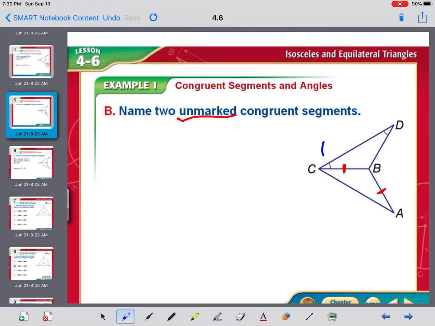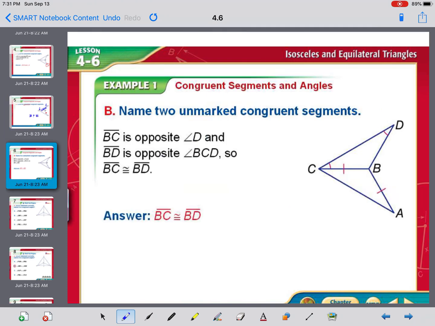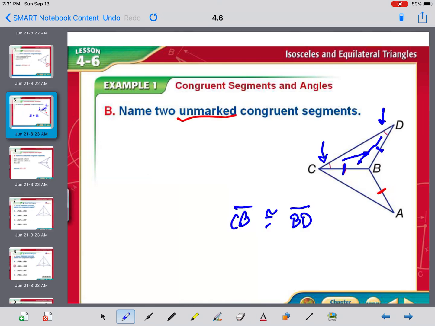Then they asked us to name two unmarked congruent segments. They've got these two marked, so those are not my unmarked ones, right? I've been told that those are congruent. But I do have that this angle is congruent to this angle, so the sides opposite those two angles are congruent.